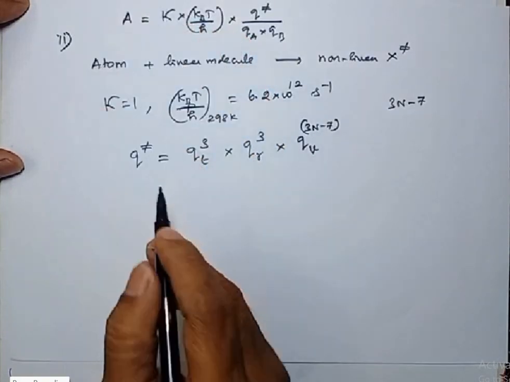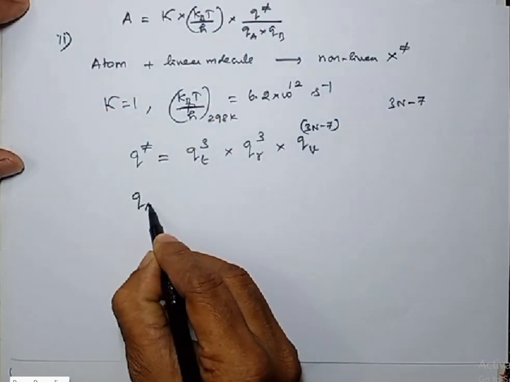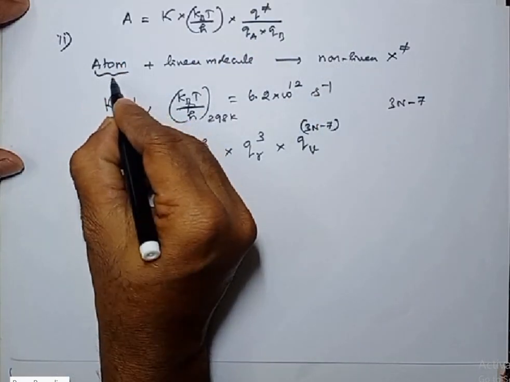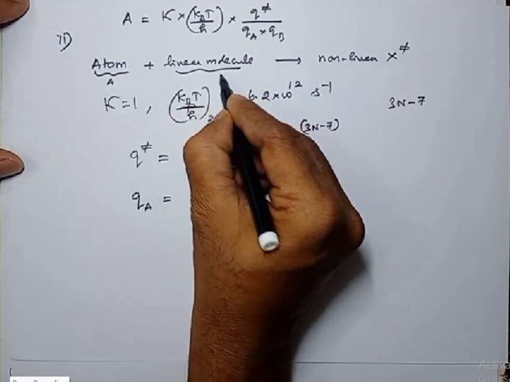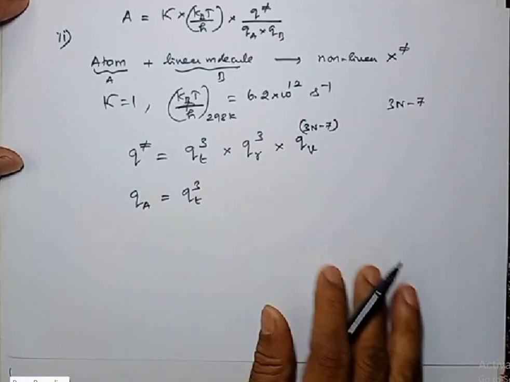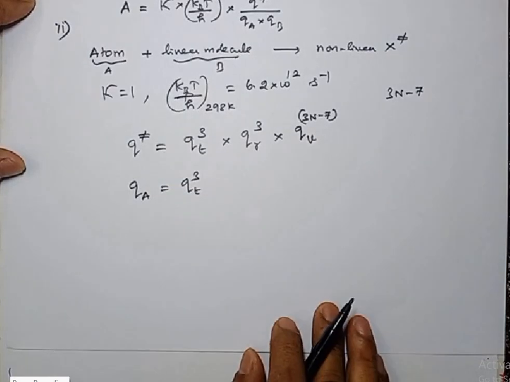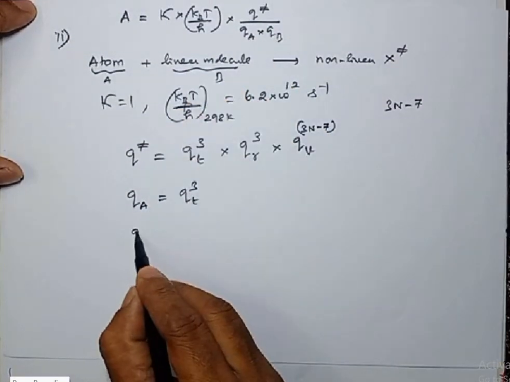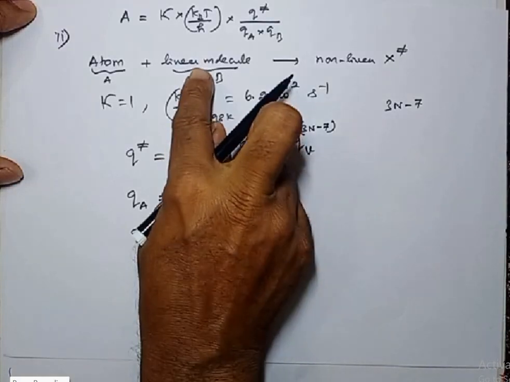Now we'll come to the molecule A. Listen here. A is nothing but an atom. Suppose this is A and this is B. A is an atom. For an atom, only translation is possible, so 3 translational degrees of freedom. Then what about the linear molecule B?